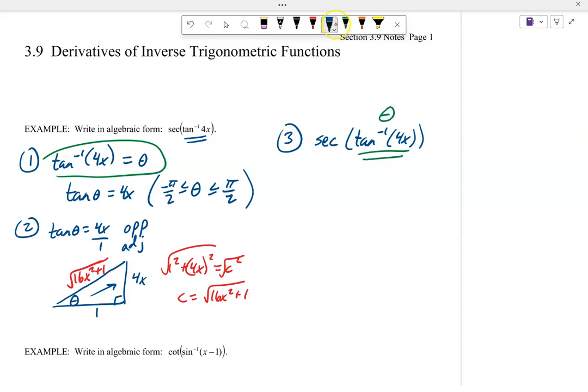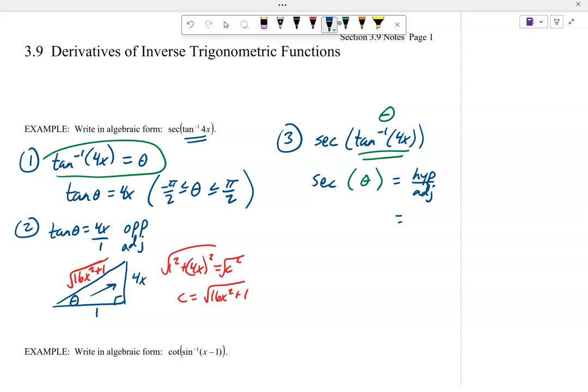So what we're really doing with our triangle is finding the secant of theta. And you know, the secant's the reciprocal of the cosine. We know the cosine is adjacent over hypotenuse. So we know the secant would be hypotenuse over adjacent on the triangle.